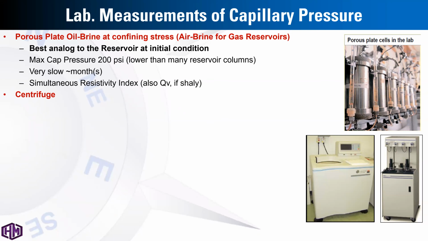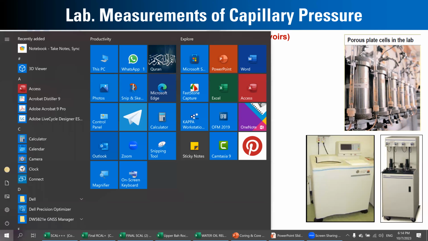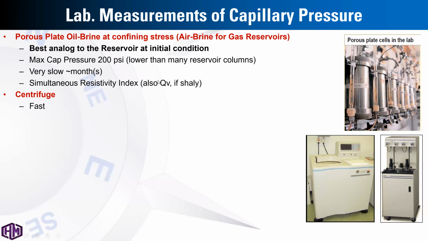As a comparison between the lab measurements of capillary pressure, we have three common measurements. The porous plate is the best analog to a reservoir, maybe at confining stress at initial reservoir condition, but the maximum capillary pressure that can be achieved is 200 psi.